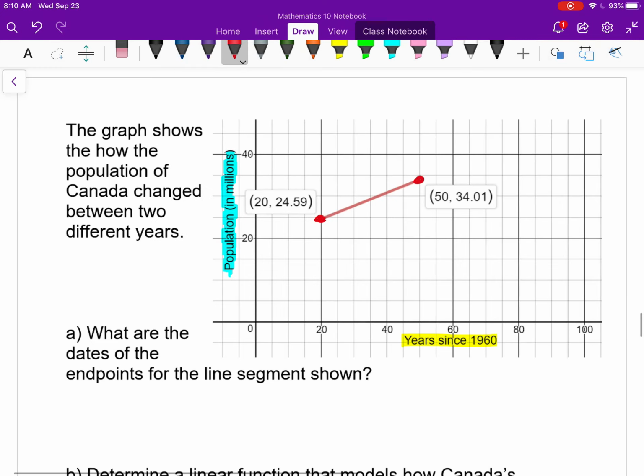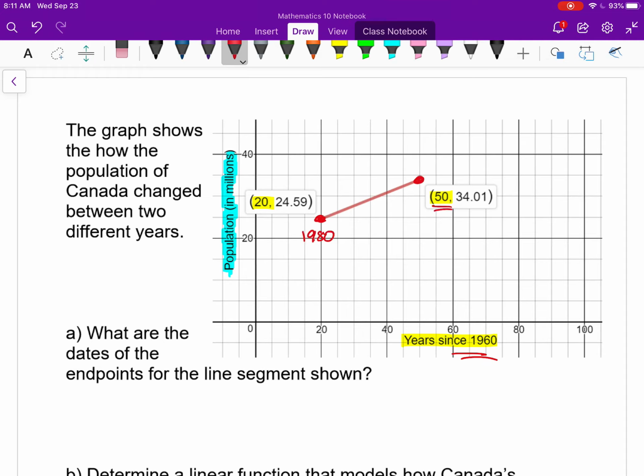And so if I look at this graph, this first point here has a 20. Actually, I'll highlight that in yellow. 20 for an x. And the second point has 50 for an x. So what do those mean? Well, it's 50 on the x-axis, but my x-axis is years since 1960. So this 20 is 20 years since 1960. So this is 1980.